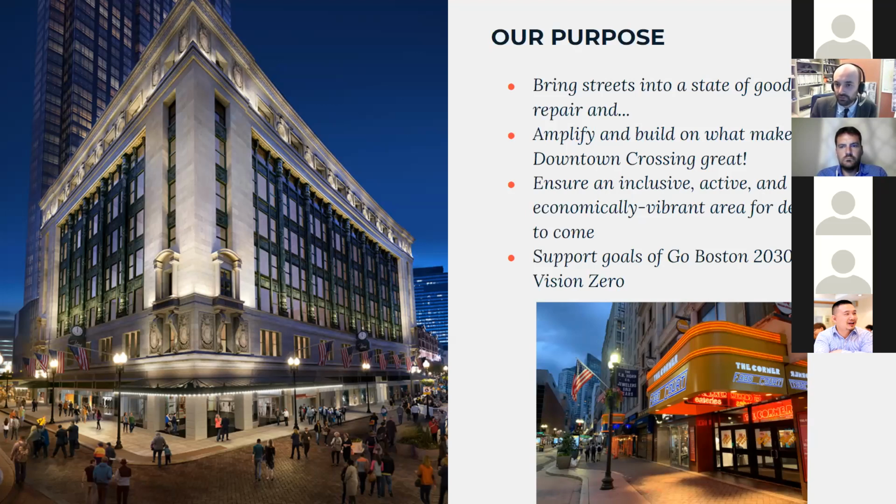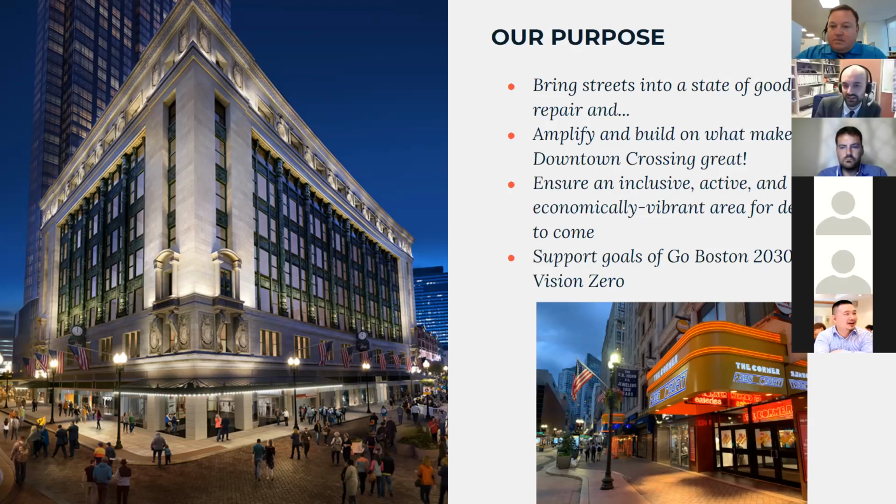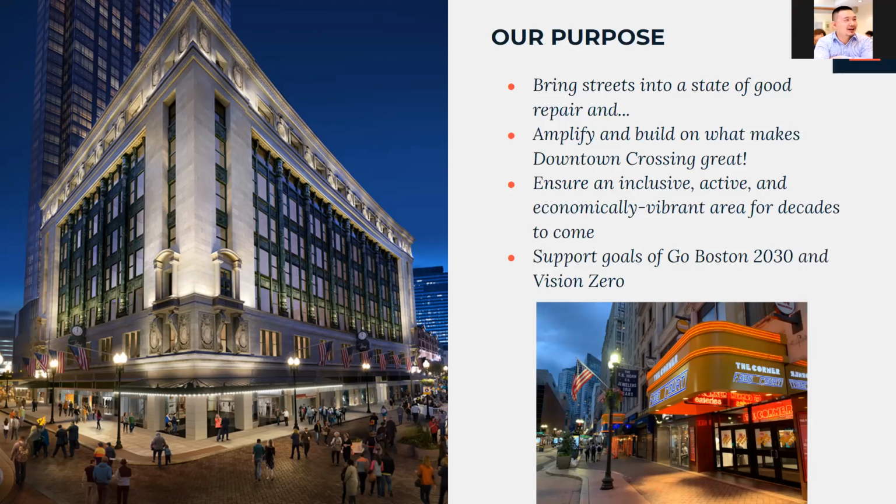And to that point, we really want to make sure that whatever we design amplifies and builds on what already makes this a really great district: its proximity, its energy, its vitality, its activity, its diversity. We also want to ensure that this project helps to support Downtown Crossing as an inclusive, active, and economically vibrant area for decades to come.